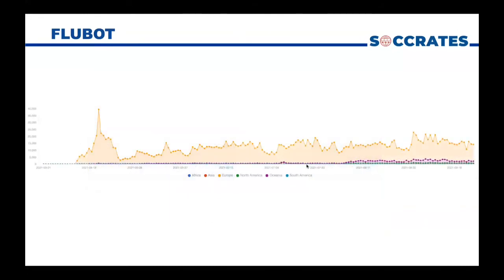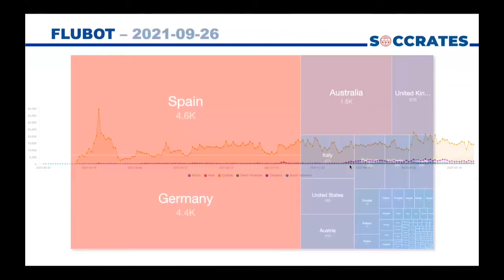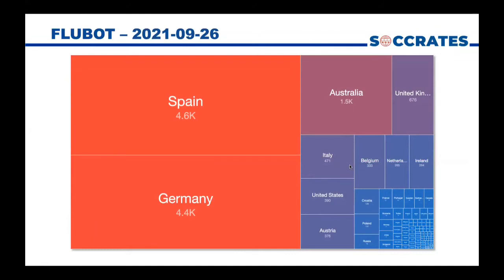So this is just to show you an overview of current FluBot infections around the world. As you see, mostly Europe is being targeted, but increasingly the rest of the world, Australia since August. At a given point in time, we observe through our own sinkholes, where we actually register these DGA domains, 20 to 40,000 infected machines worldwide. So the threat is real. And this is how FluBot looks.